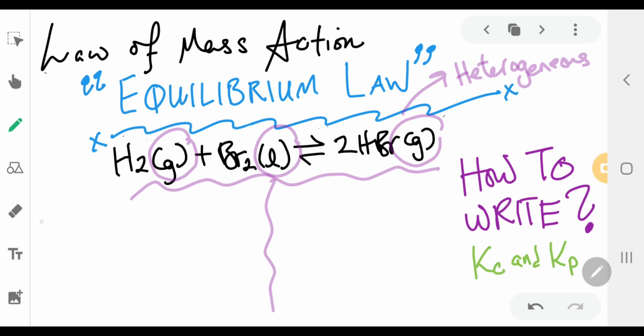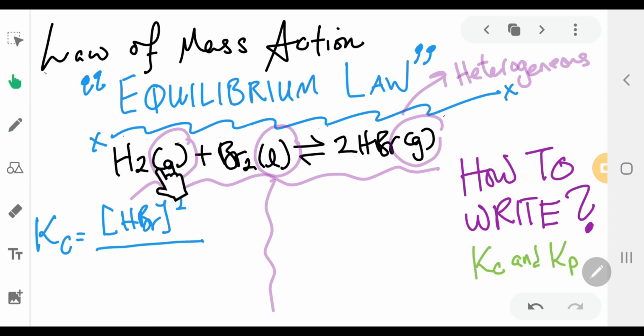Okay, so the equilibrium constant expression for this heterogeneous equilibrium would be concentration of HBr to the power of 2 divided by concentration of H2 over here.